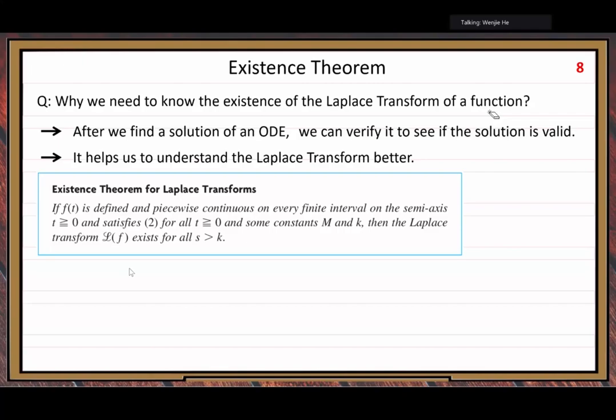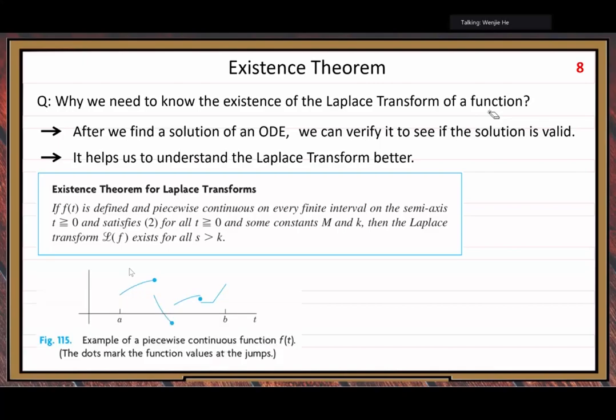Piecewise continuous on every finite interval on the semi-axis t greater or equal to 0. No negative side of the axis, because the Laplace transform is defined on the semi-axis, t greater or equal to 0. And satisfy condition 2.